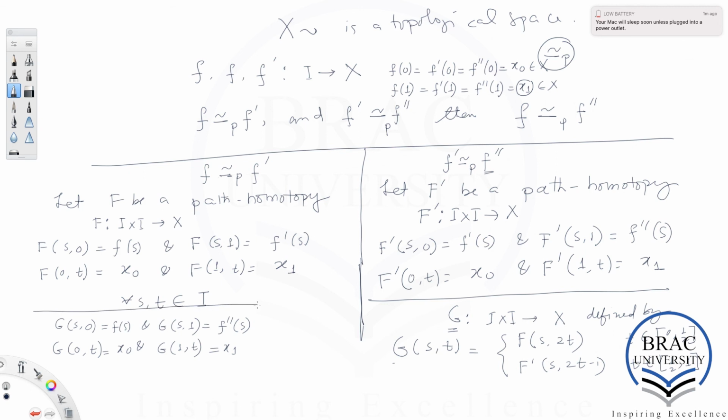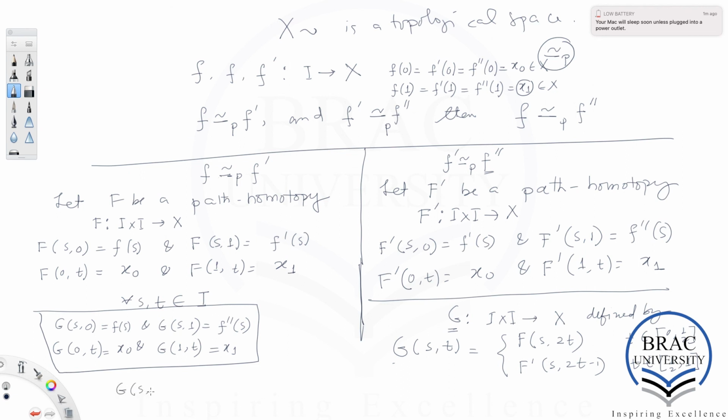Okay, so that G is a continuous map from I cross I to X can be proved using the pasting lemma as before. About these equalities, it is straightforward to check. So let me show you how to do that.